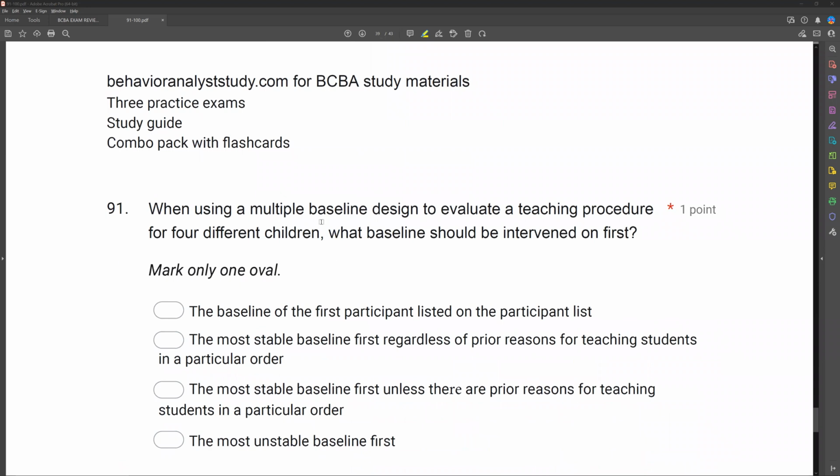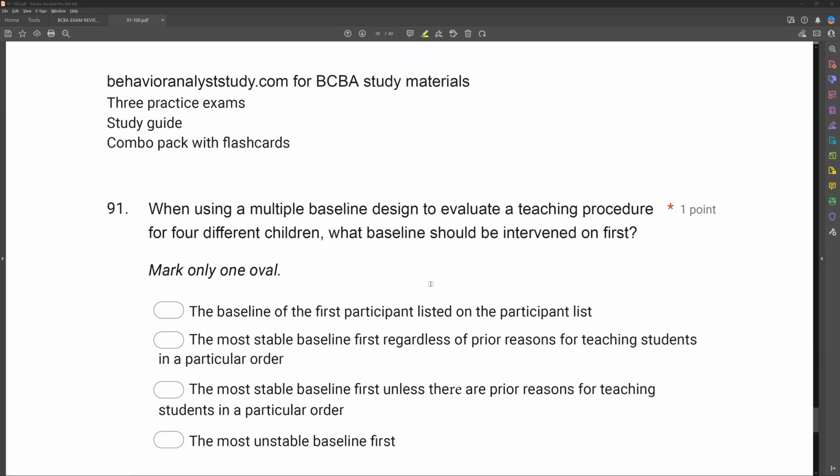91. When using a multiple baseline design to evaluate a teaching procedure for 4 different children, what baseline should be intervened on first? Now, this question is a little tricky because whenever we think about multiple baseline designs, we typically think about graphs that we see and analyze, right? And they go in a particular order. If you're going with participants, they're in an order. Settings, they're in an order.